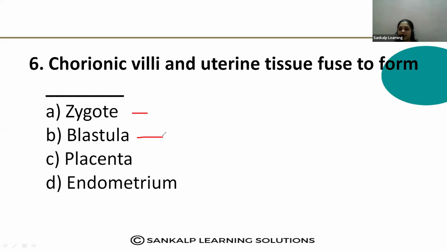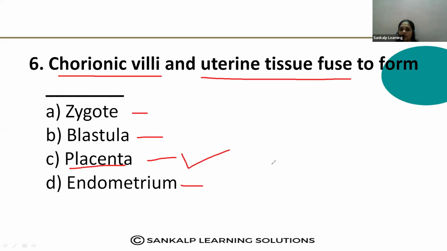Blastula is a developmental stage of the embryo. Endometrium is the part of the uterus, but placenta is formed by the chorionic villi and uterine tissue. When they fuse, they form the placenta. So the correct answer is option C. Option B is not the correct answer. Option C is the correct answer.